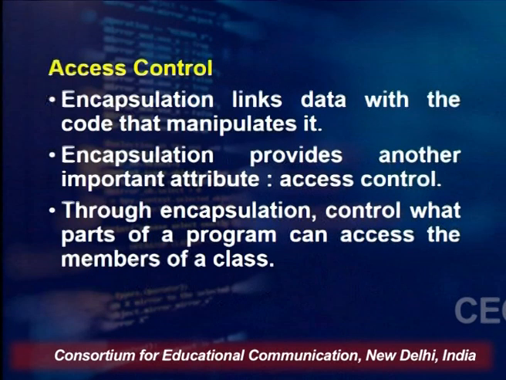Now, when we talk about Java as an object oriented programming language, one main feature of any object oriented programming language, apart from others, is encapsulation, that is linking data with the code that is going to modify and manipulate the data.